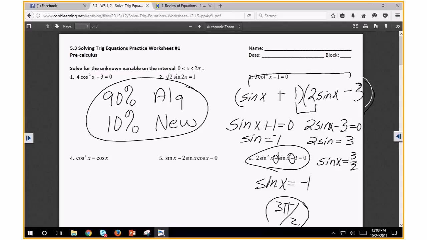This section, 9.5 and 9.6, is the prime example of 90% algebra that you know, and then 10% new. In this case, trig, next semester will be calc. And they'll introduce the calc, and then you'll do 90% algebra. So if you suck at algebra, you're going to suck in this section as well as calculus. So make sure you know your algebra.